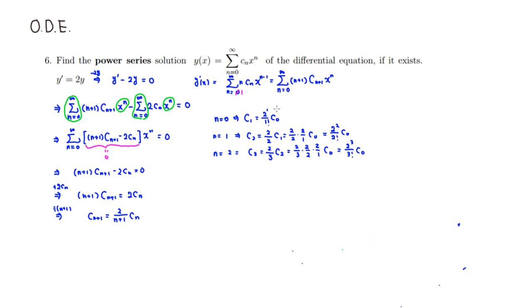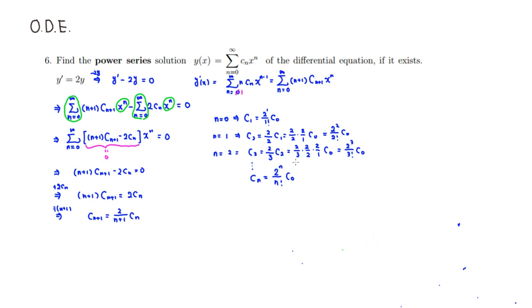Now we definitely see a pattern here, dot, dot, dot. Let's try to find the Cn. It looks like n indicates the power, and the factorial on the bottom. So we have 2 to the n over n factorial C0.